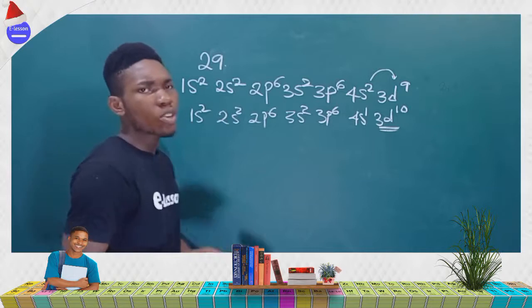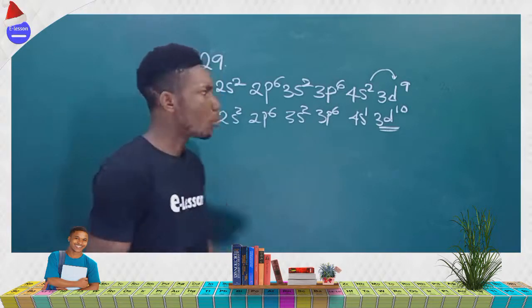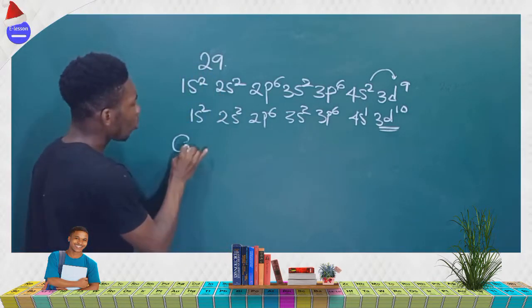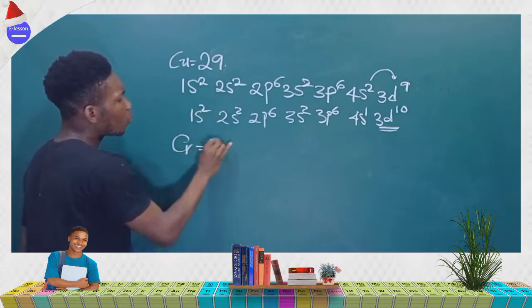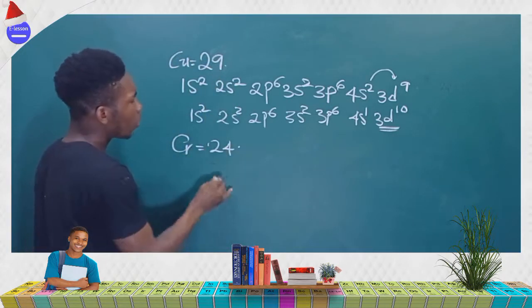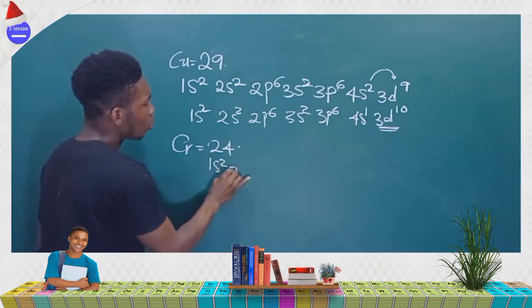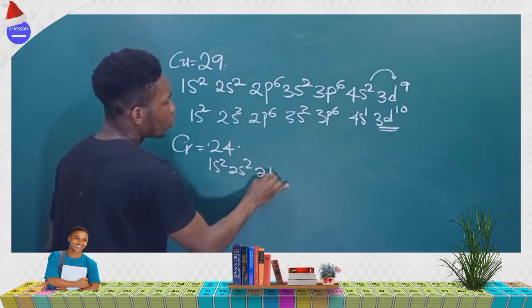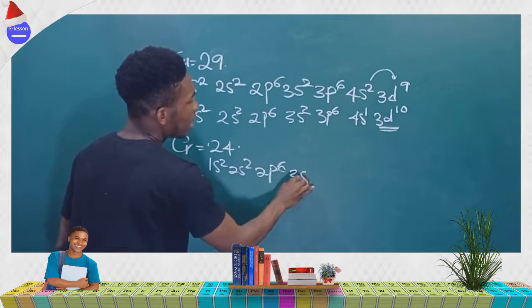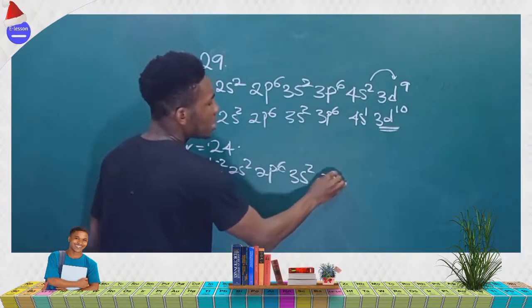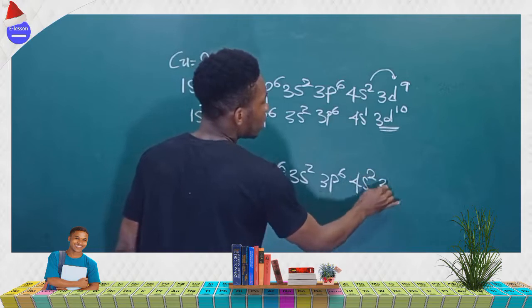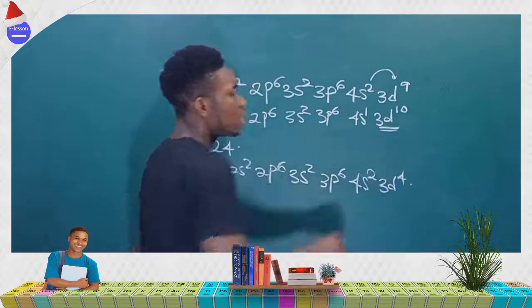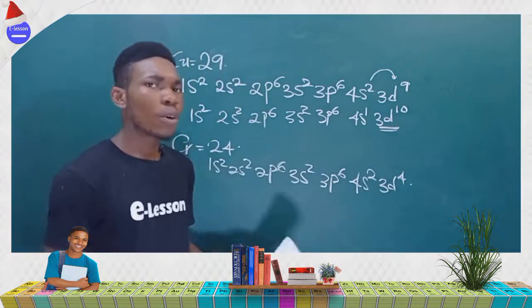Now, this thing is also obtainable when you come to chromium. Chromium has atomic number of 24, and the electronic configuration is 1s2, 2s2, 2p6, 3s2, 3p6, 4s2, 3d4. This is the normal electronic configuration.